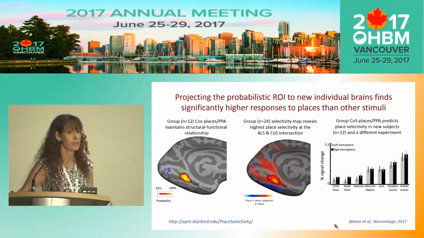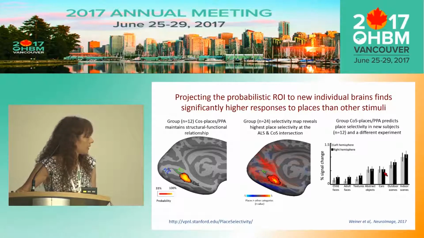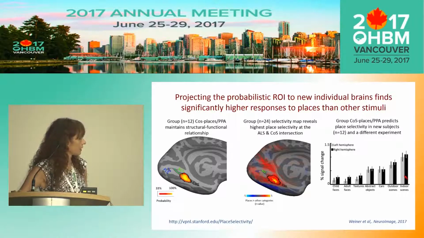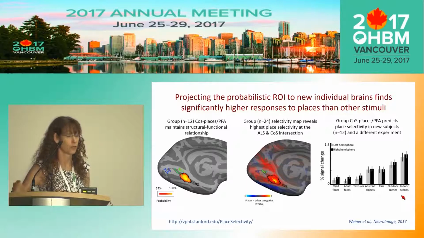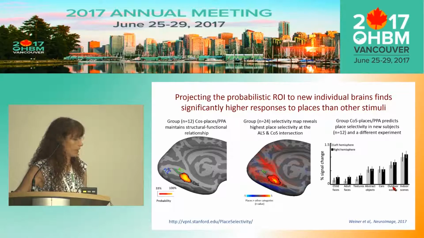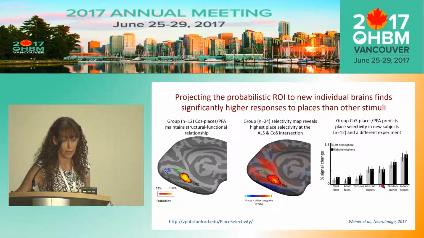This is what we did in the third analysis, extracting the activity from a different experiment in 12 independent subjects, and you can see that in these subjects, the highest responses from this region are for indoor and outdoor scenes, pictures of places, and they're significantly higher than responses to other stimuli, such as objects, textures, or faces.